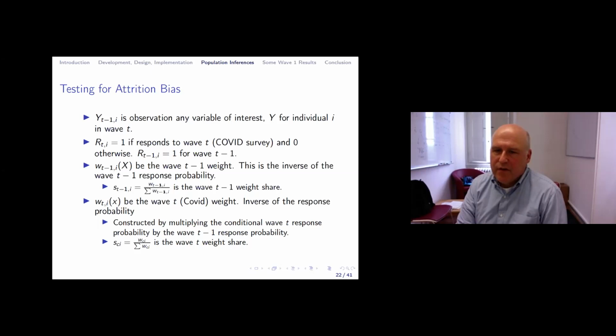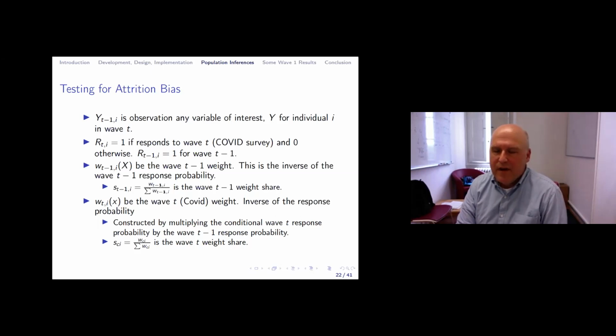Also, particularly in the econometrics literature, there are many tests that have been proposed for non-random attrition, but most of those tests are for unweighted data. They're testing whether the attrition is non-random. What we're interested in is whether our weights are able to correct for non-random attrition. And so we've done some testing that I'll describe now, which I think is new.